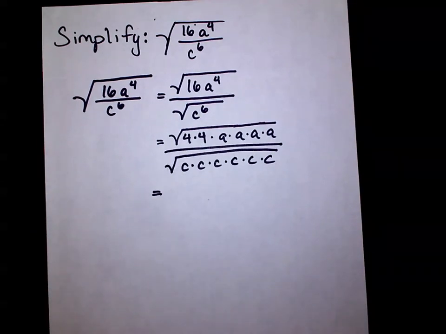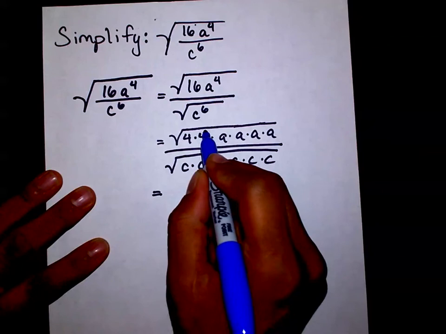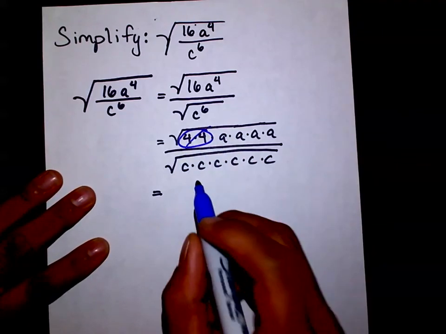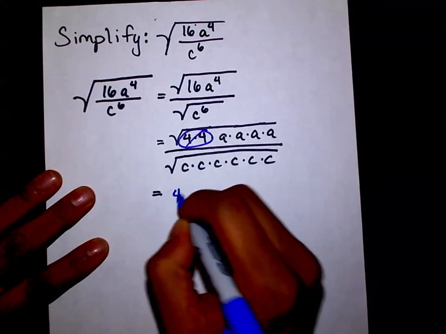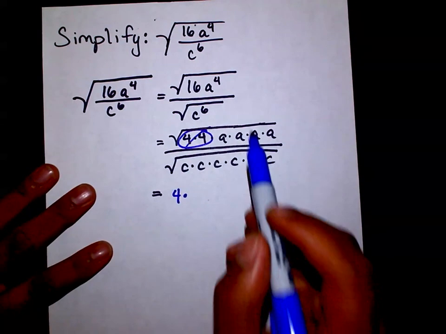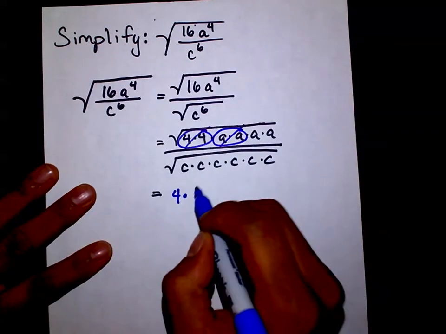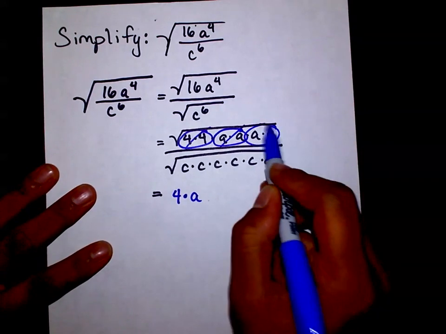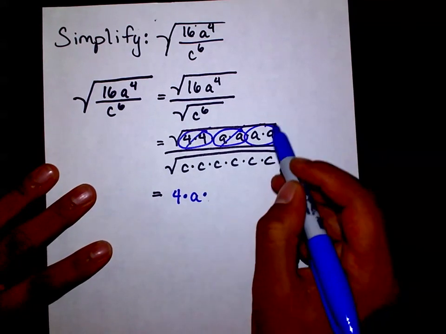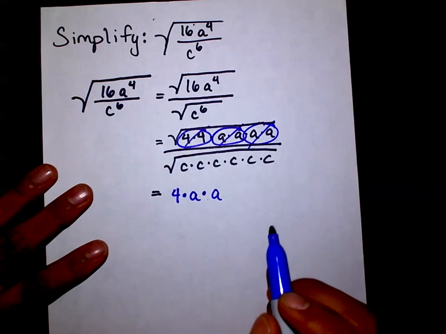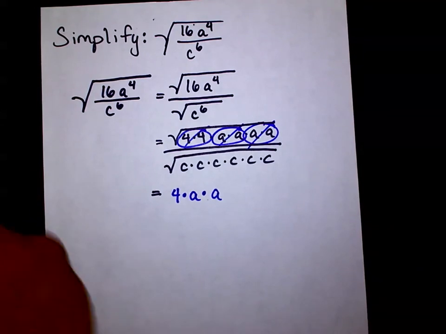Now I want to start my process of getting rid of my pairs. I have a pair of 4's. I want to write that as 4 times. Then I have my a's here. So 2 a's, 1 a. 2 a's, 1 a. Okay? That's going to be over.